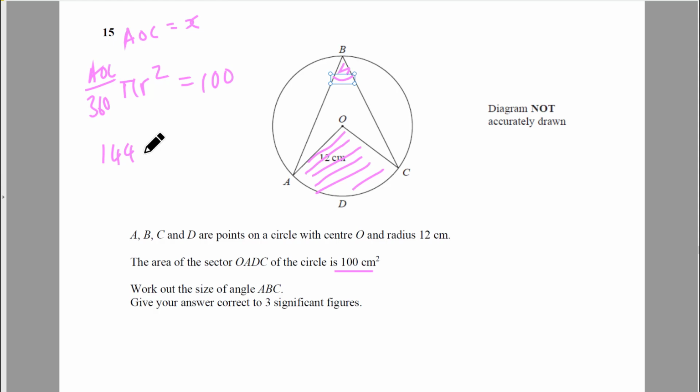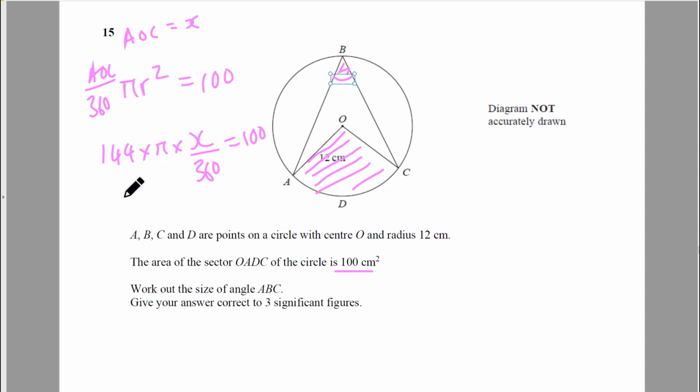So 144 times pi times x over 360. That's what we want to find. Equals 100. We should be able to solve from there. So I'm just going to rearrange everything.